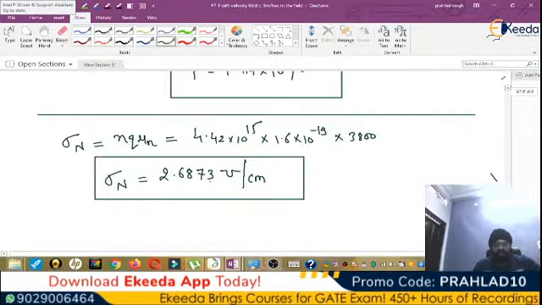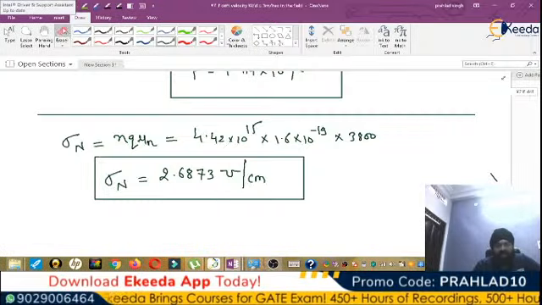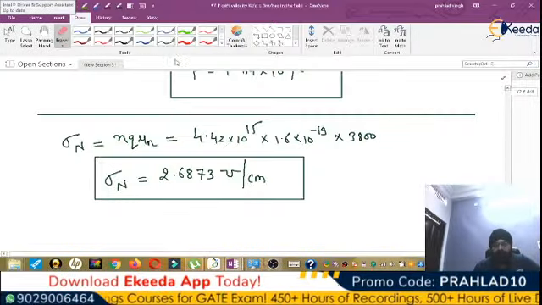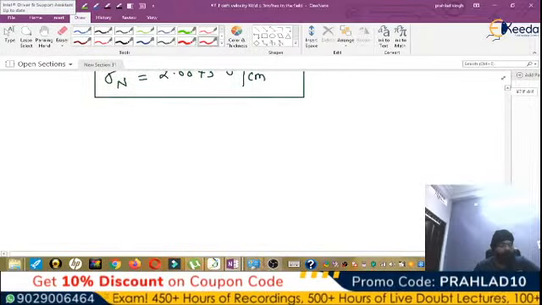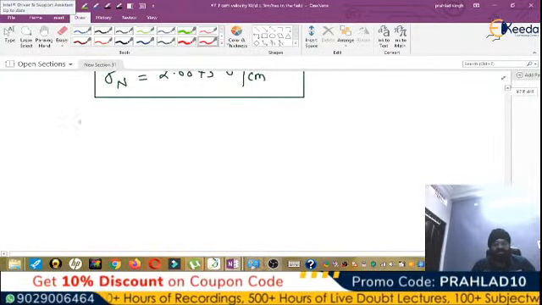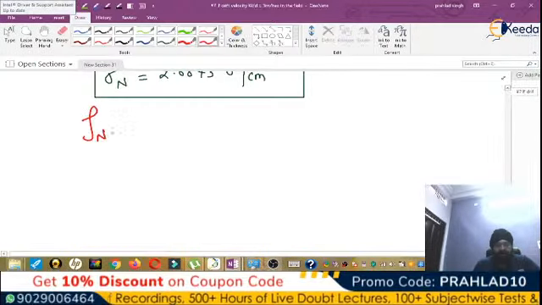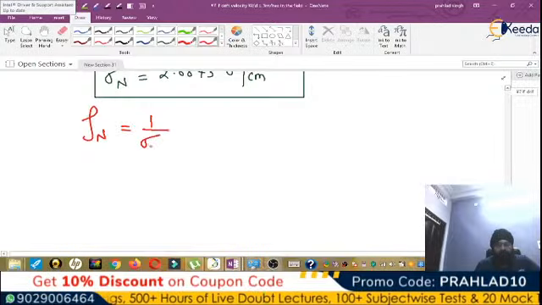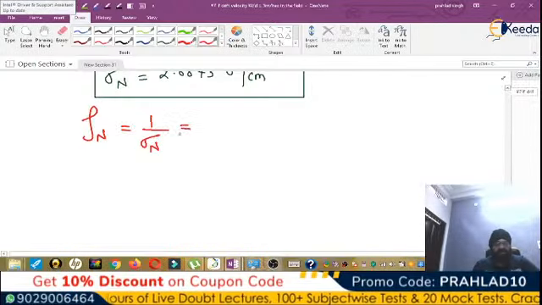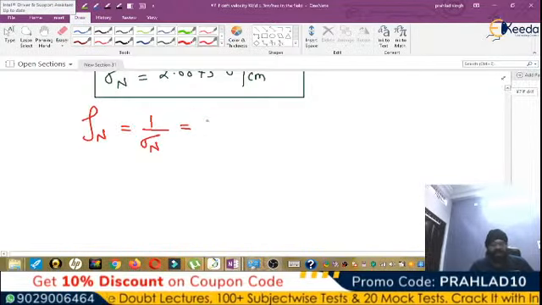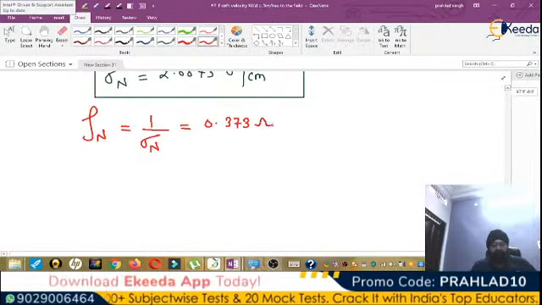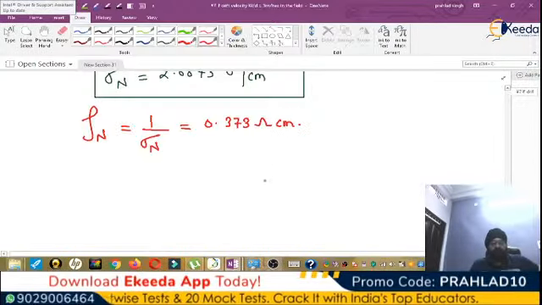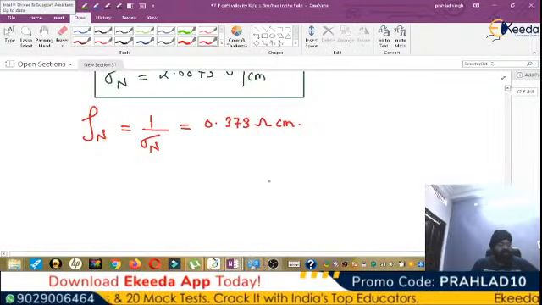So this value is the conductivity of the n-type semiconductor. So the resistivity of the n-type semiconductor is 1 over sigma n, and it is 0.373 ohm centimeter.